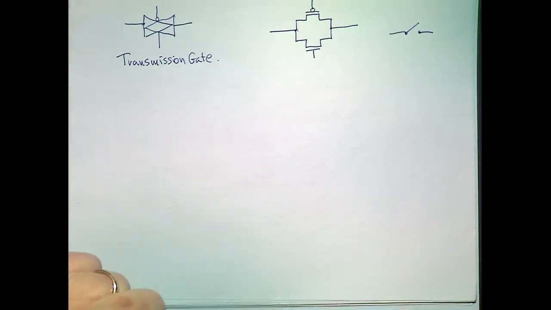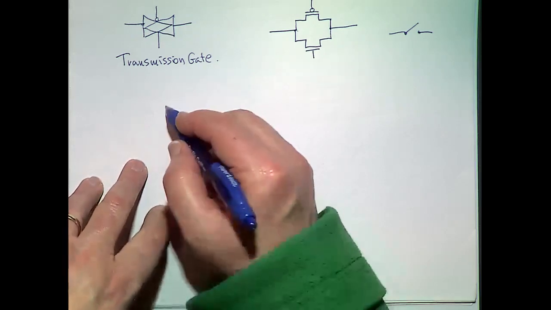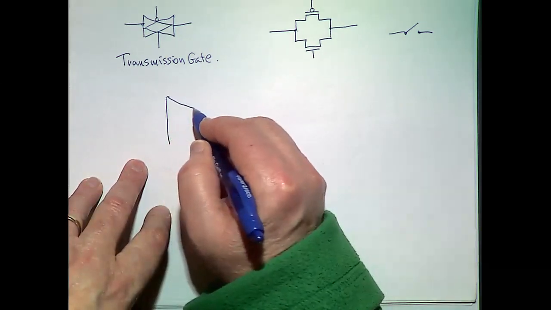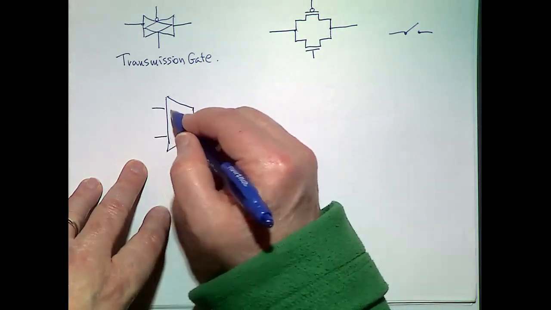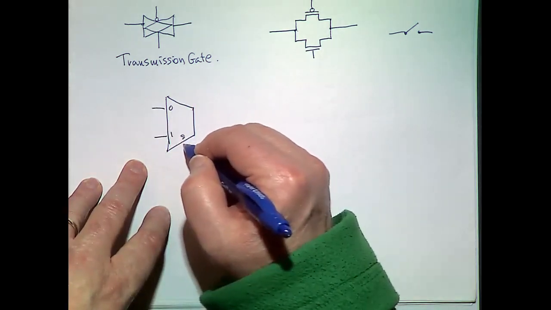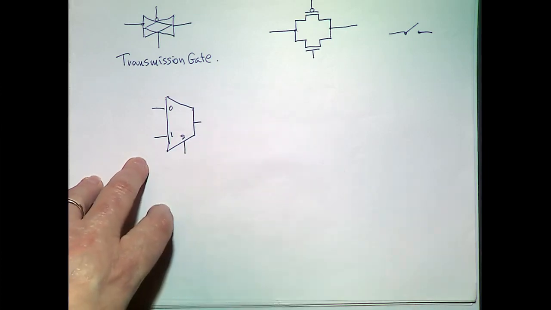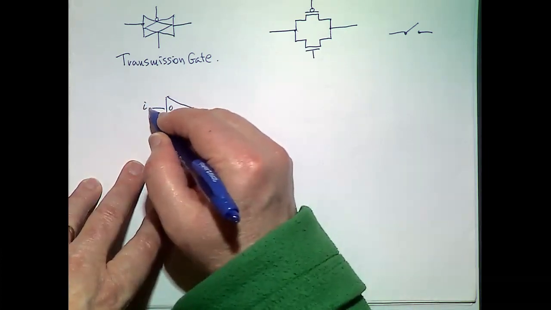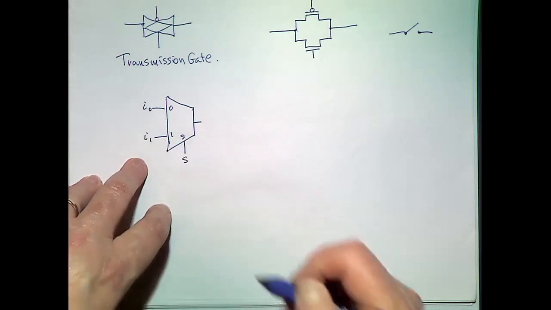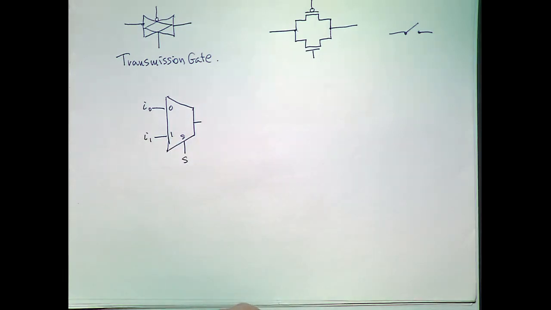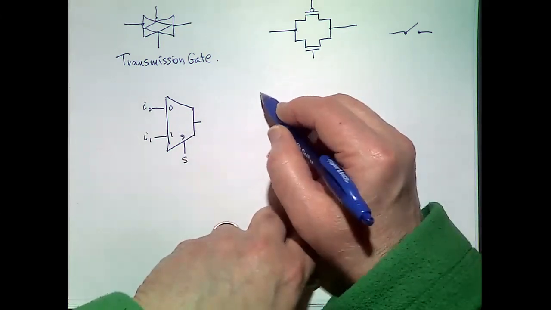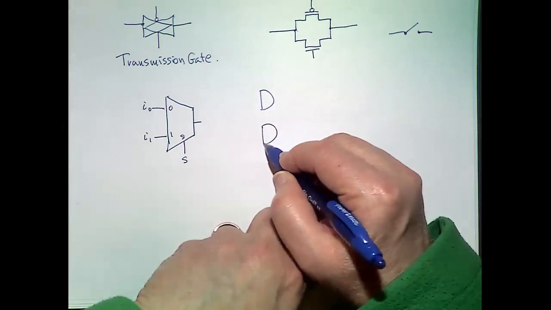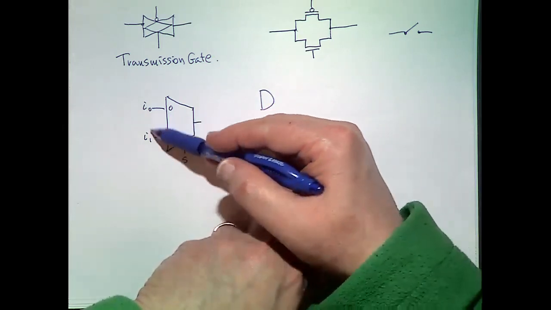So how do we use this? Well, let's say that we want to build a MUX. Remember, I think we did talk about MUXes back then. This is input 0, input 1, and this is the selector. And we want to build a MUX out of this. So the way we did this is we did this with logic gates, right? We said, okay, I don't really care whether it's the same signal coming in and out.